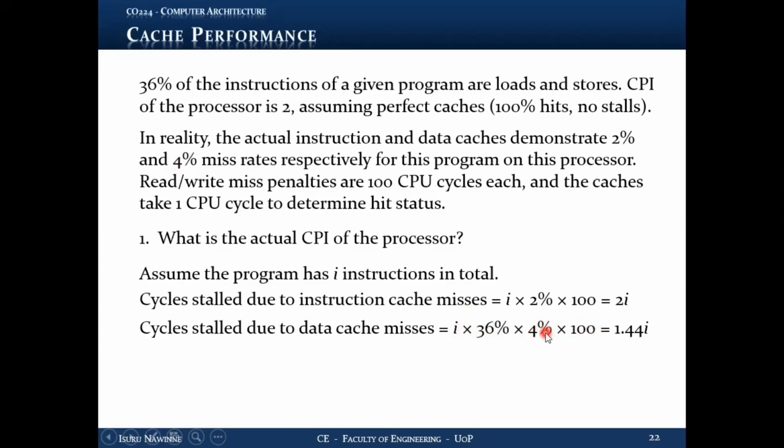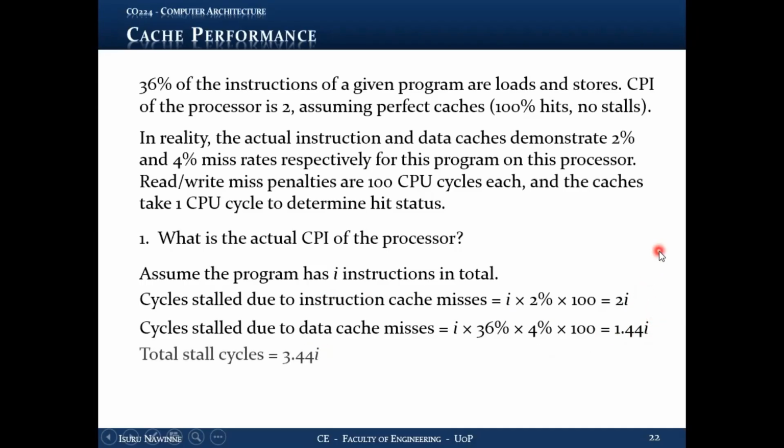So the number of cycles stalled due to data cache misses is going to be 1.44 I, right? So 2 I cycles are going to be stalled due to instruction cache misses, and 1.44 I cycles due to data cache misses.